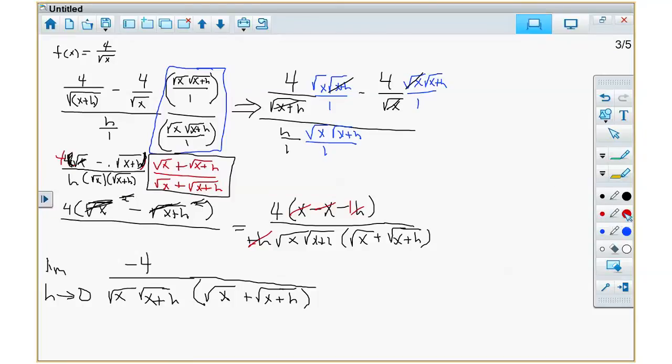Now what I'm going to do here, I'm going to take this big red dot, and wherever there's an h, I'm going to put that dot, because what's x plus 0? X. Okay, so we apply our limit theorem, and that gives us negative 4 over the square root of x times the square root of x plus the square root of x, because the square root of x plus 0 is the square root of x.